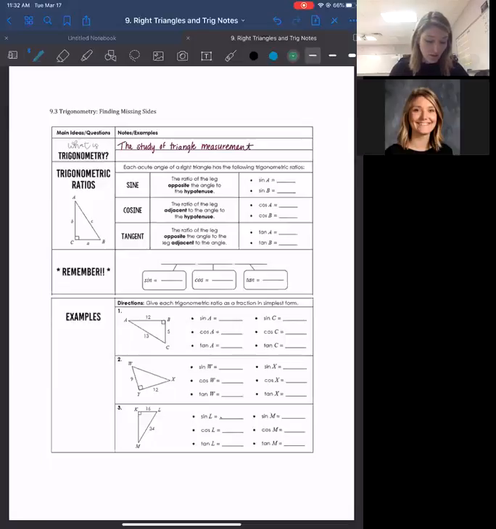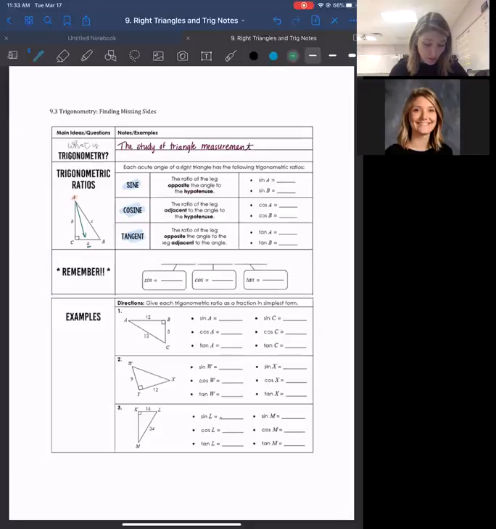So we have the trig ratios of sine, cosine, and tangent. Sine is always the ratio from the opposite to the hypotenuse. Opposite means across from. So if they're saying the sine of angle A, opposite is what is directly across from angle A, which is this little side a.